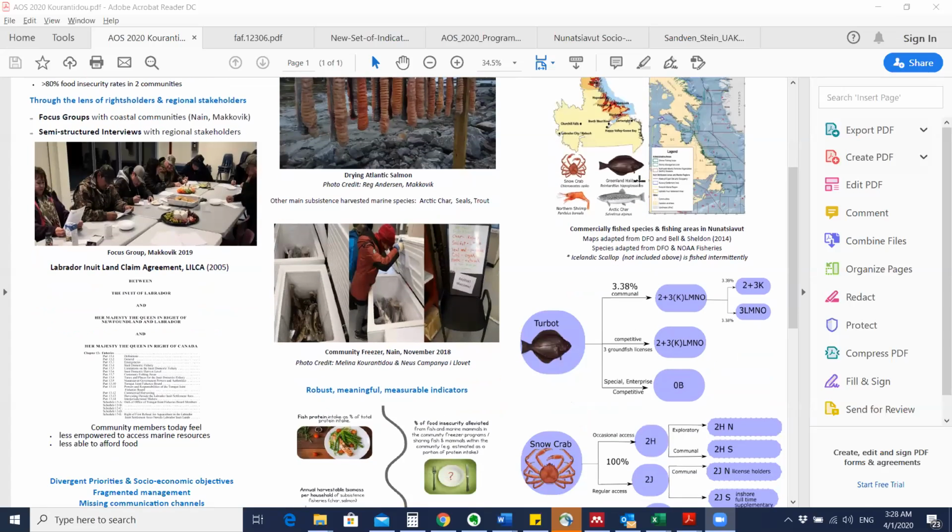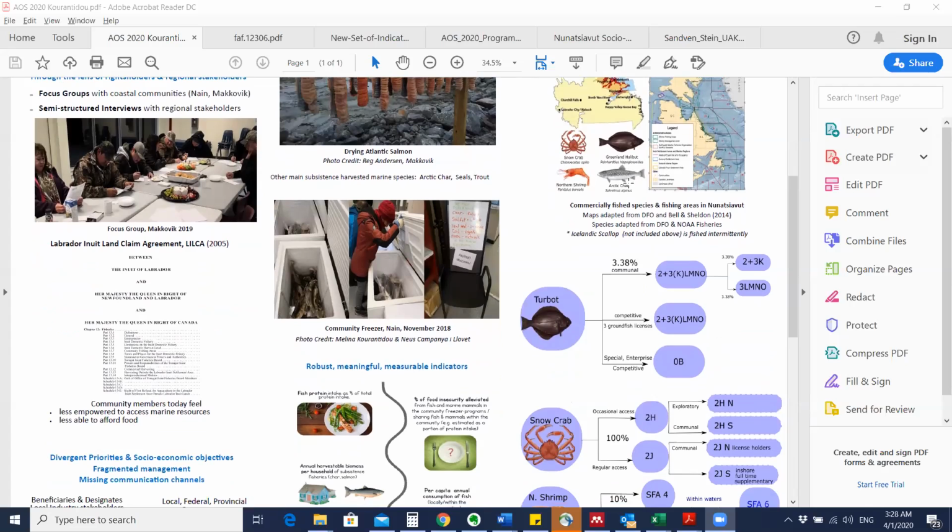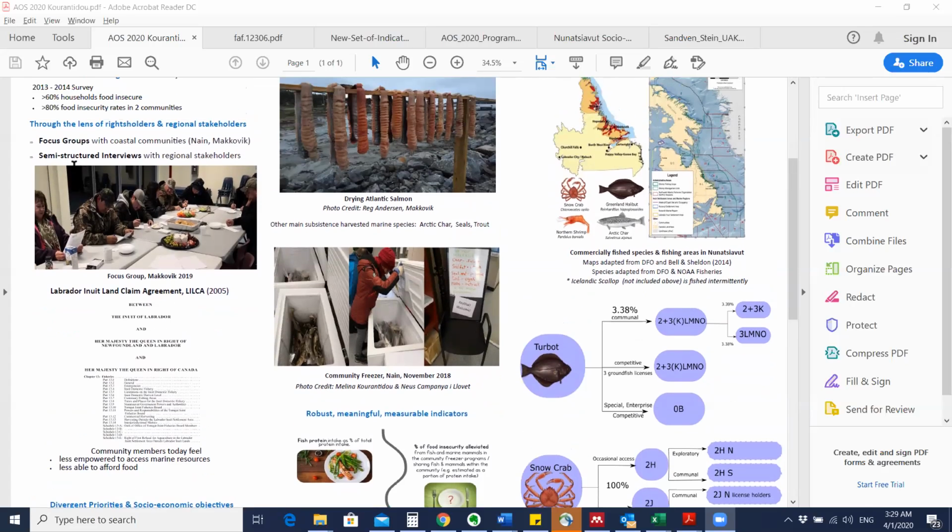Essentially, we argue that by ignoring issues related to the lack of capacity to access the marine resources, food security is inadequately addressed. In the fall and summer of 2019, we conducted two focus groups with coastal communities and a series of interviews with regional stakeholders involved in marine resource management to capture their priorities for the development of marine resource governance indicators.